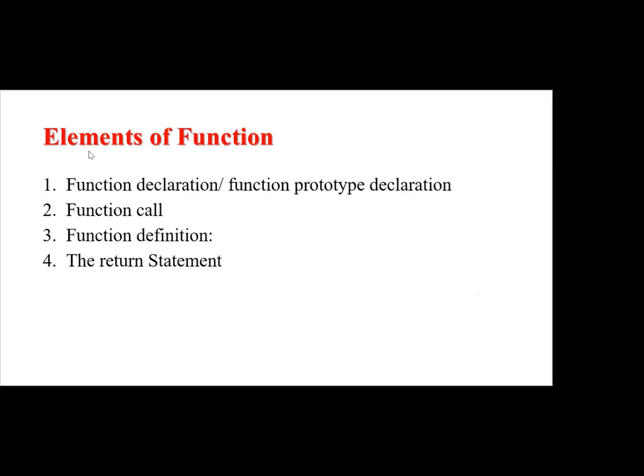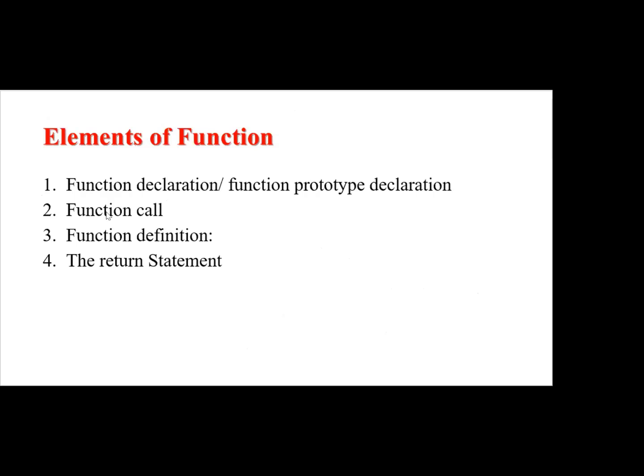These are the elements that need to be considered when you create a function. We'll look at how to write each in the next class. These are the four things that have to be included. First, function declaration, which I just showed, also known as function prototype declaration.